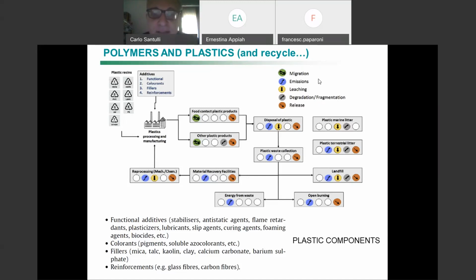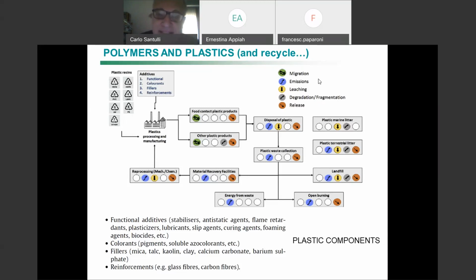since the polymer is the main component of plastics, but to get to this plastic behavior, the polymer needs to be added with some other substances.